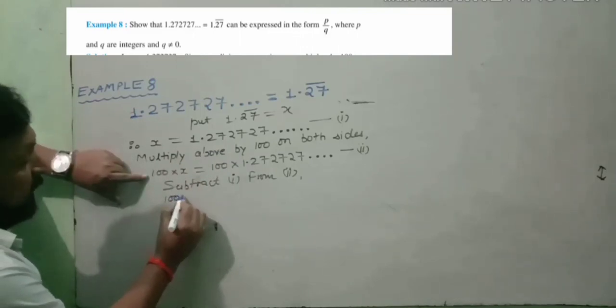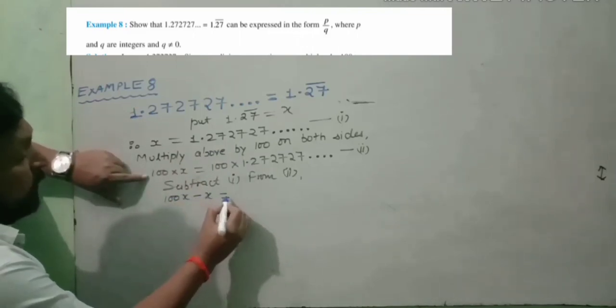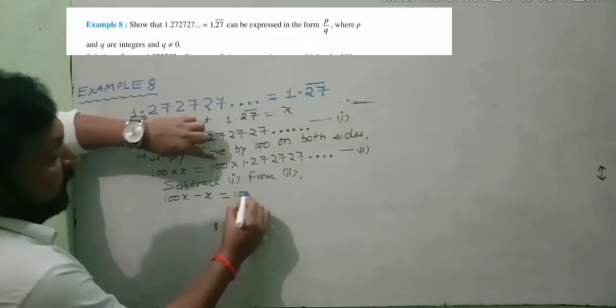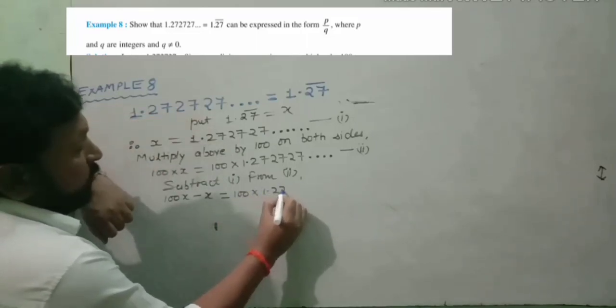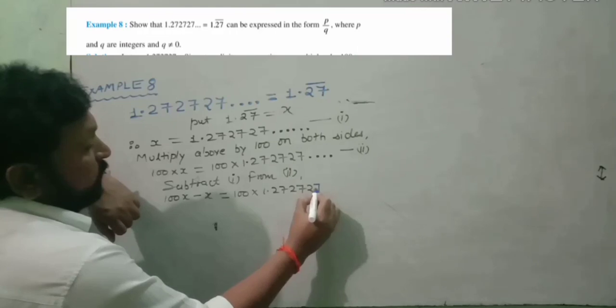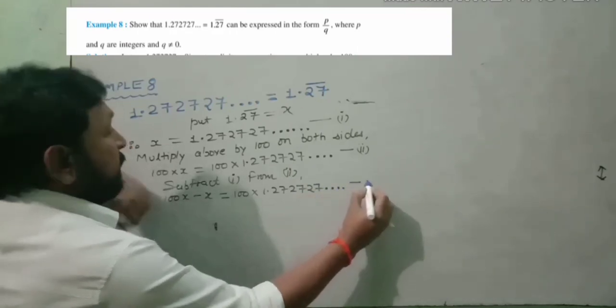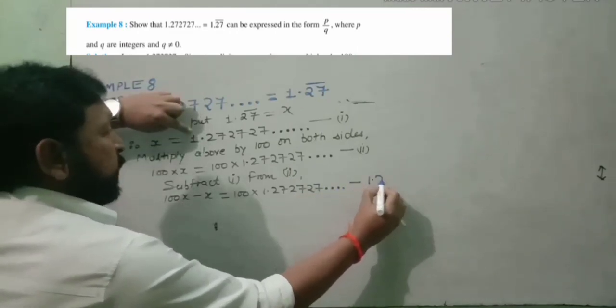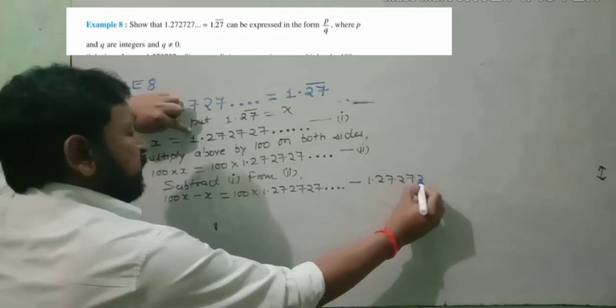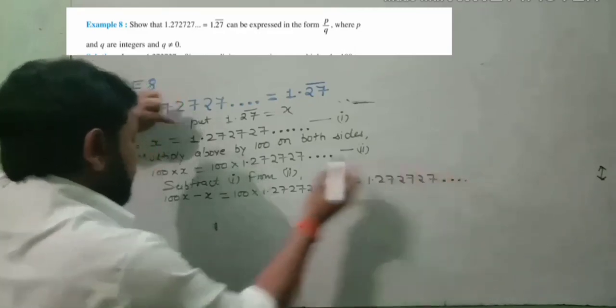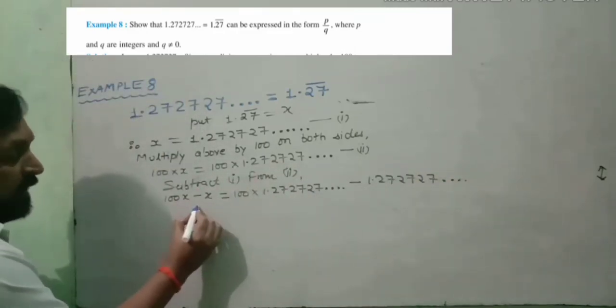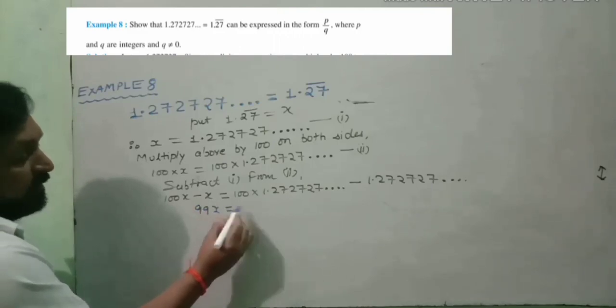It means 100x minus x will be equal to 100 into 1.272727 dot minus 1.272727 dot. 100x minus x, how many x? 99x.